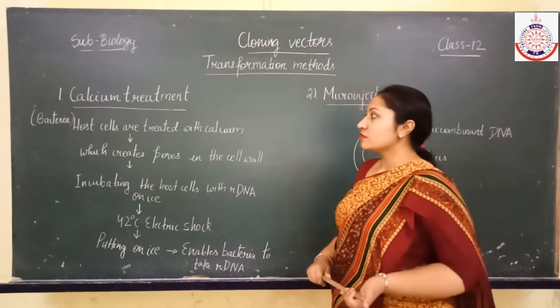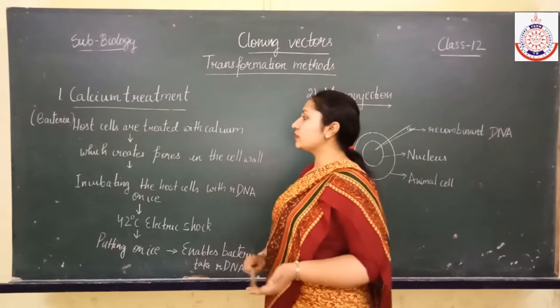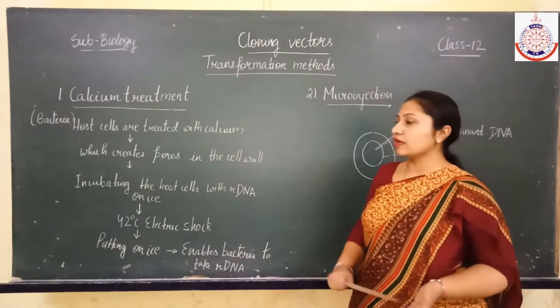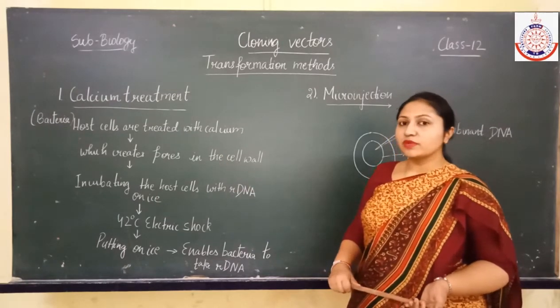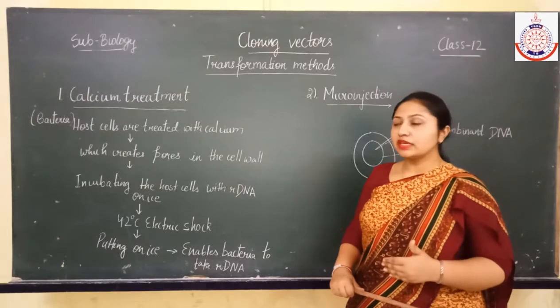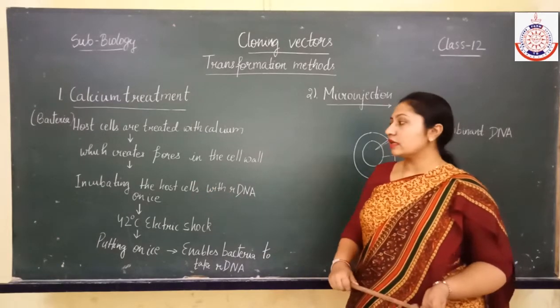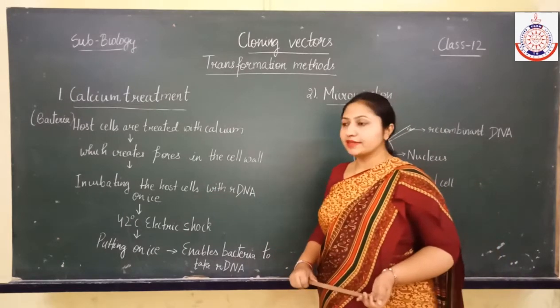First, the host cells should be treated with calcium so that it creates pores in the cell wall. Next, after the pores are created, there should be an incubation period, incubating the host cells with rDNA on ice.